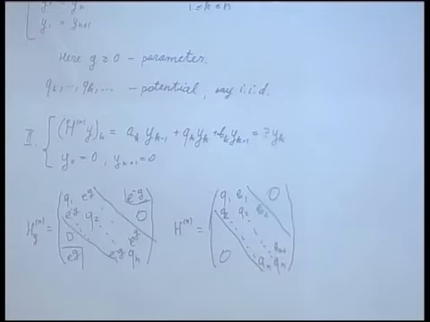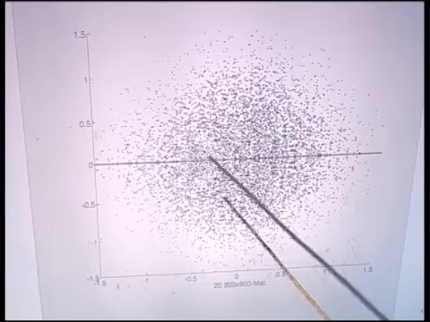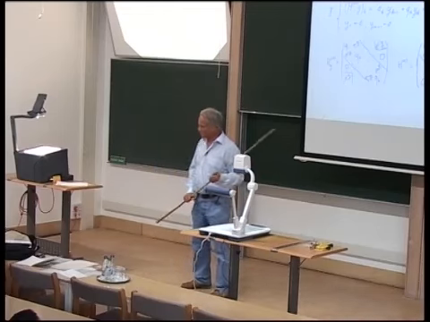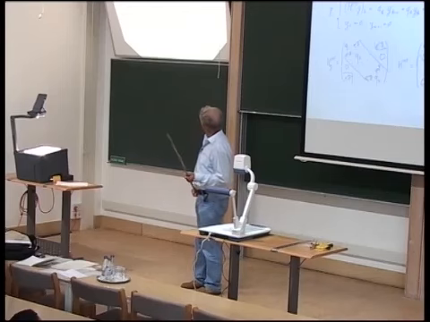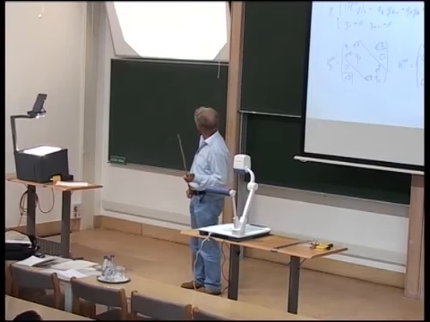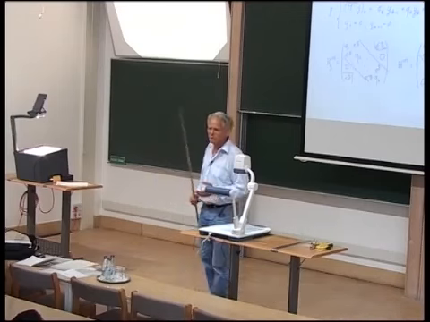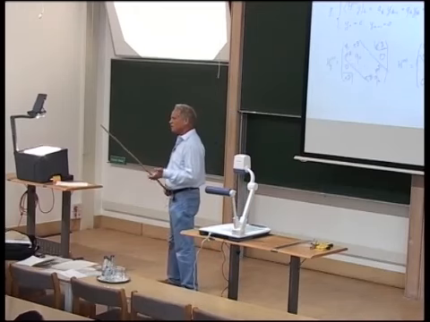This picture was actually produced in Bochum, way before we saw the paper by Hatano and Nelson, by a student of Werner Kirsch. I don't know whether Werner remembers that. He does, okay.